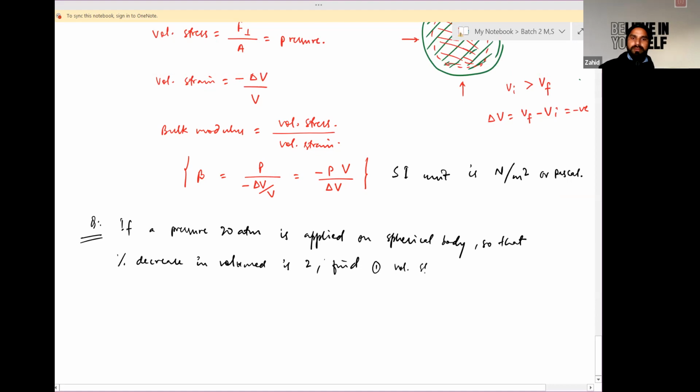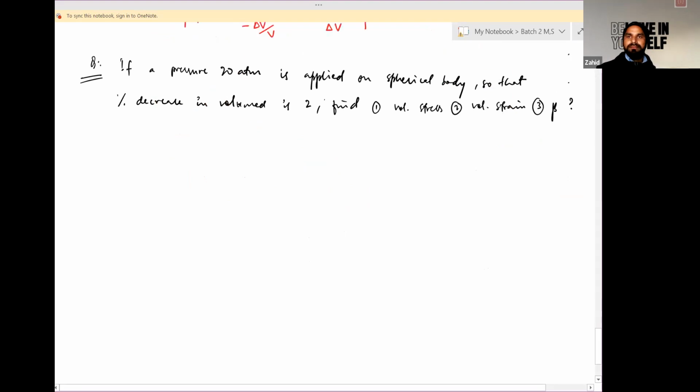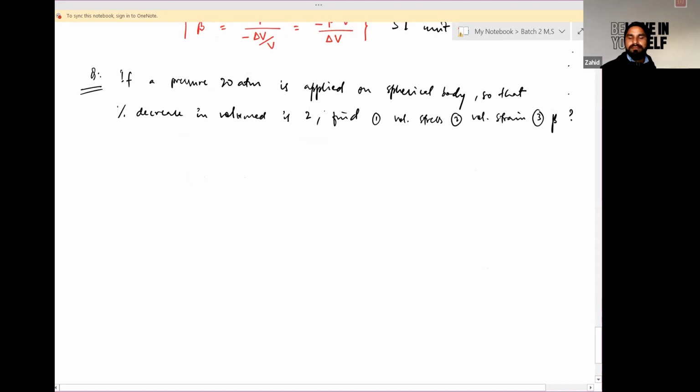First, volumetric stress. Second, volumetric strain. And third, bulk modulus. One atm pressure equals 10 to the power 5 Pascal. Just use this conversion.